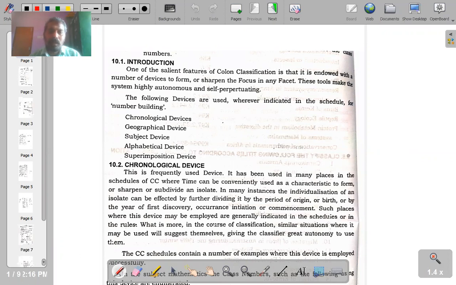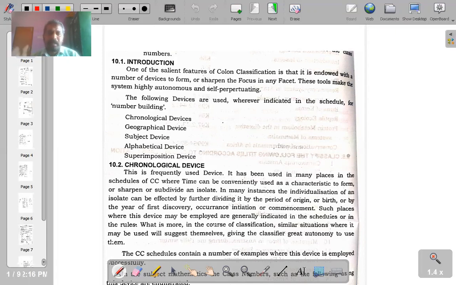What you need to work as a classifier is that whenever you receive books for your library, you not only take ready-made numbers from the colon classification book and write the numbers. Apart from that, at times you need to create your own number. You need to form your own number.